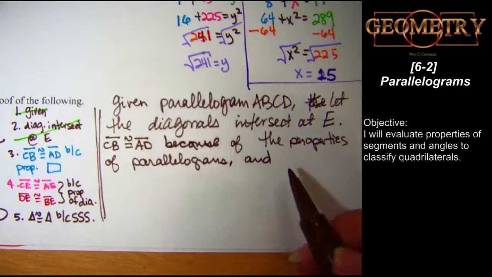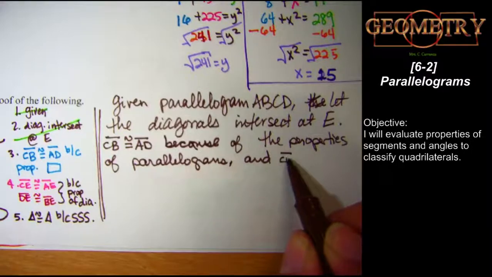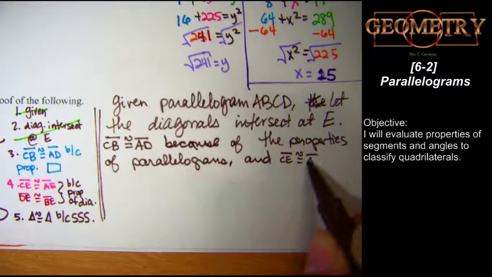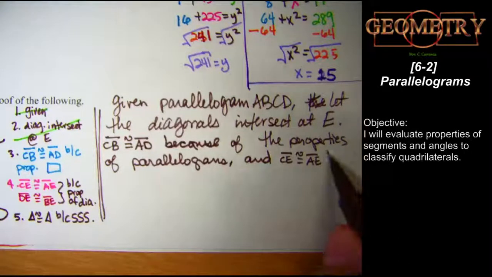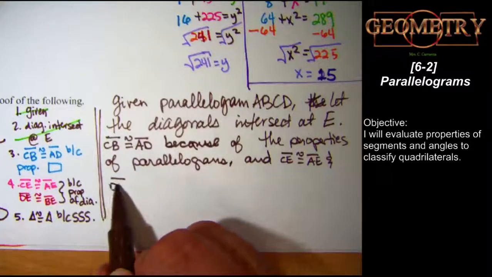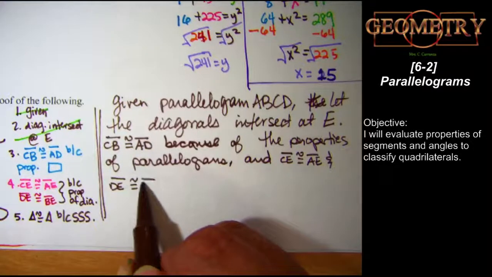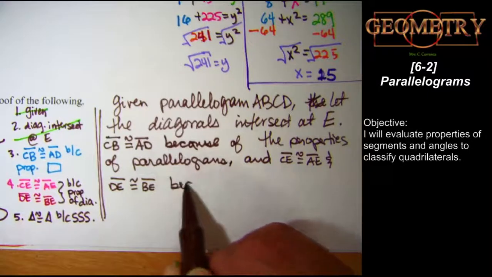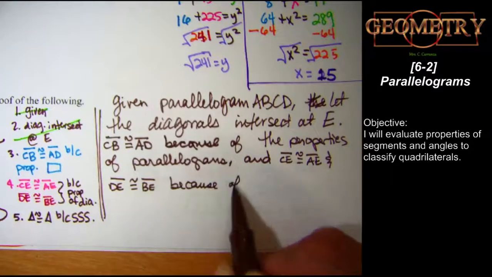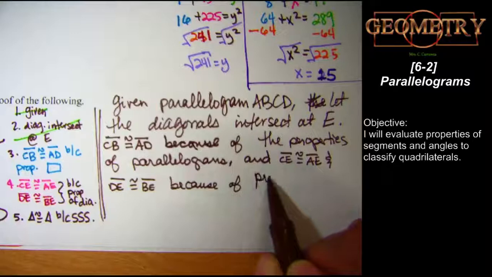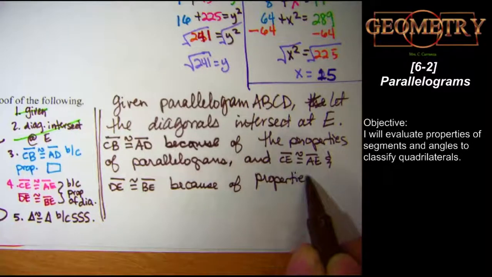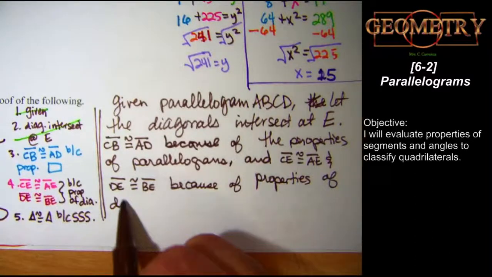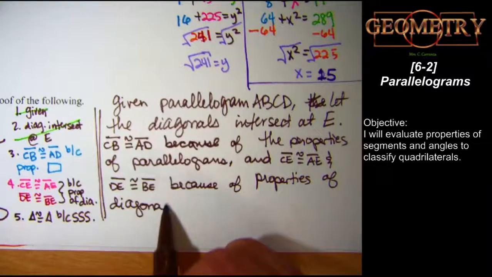And this whole mess of things being congruent because of properties of, yep, the diagonals.